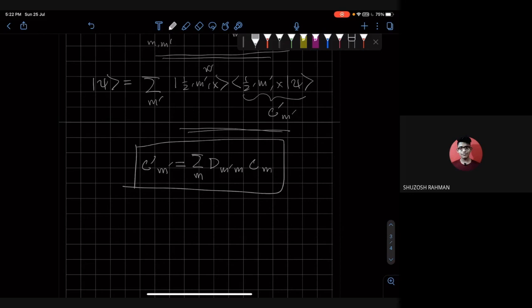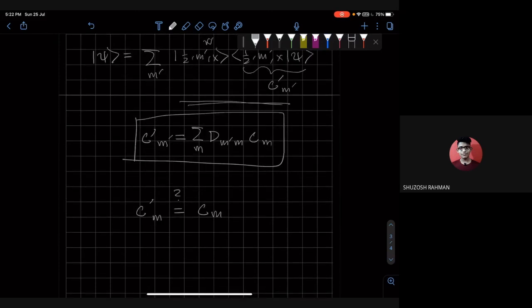So when will C prime of M be equal to C of M? When will that happen? This will only happen if D of M prime M is equal to delta M prime M, right?